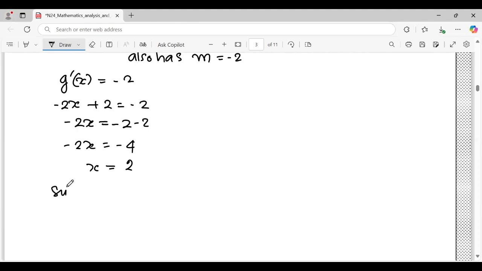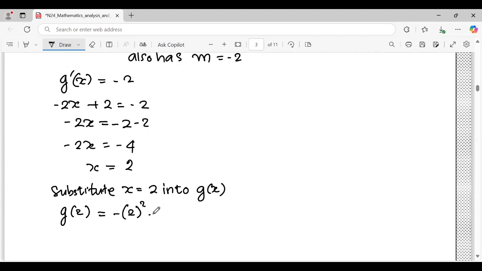Now substitute x equals 2 into gx, because we are going to find the coordinates x and y. So g2 equals minus 2 squared plus 2 times 2 plus 8.